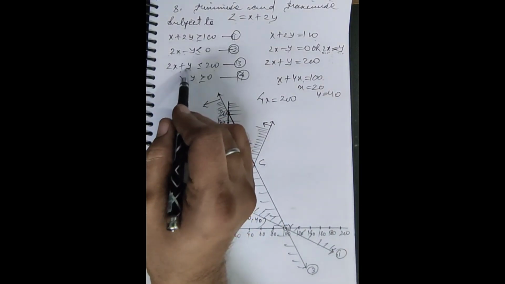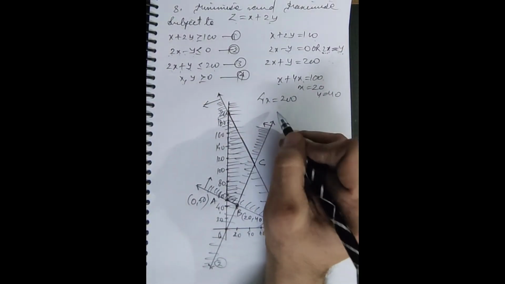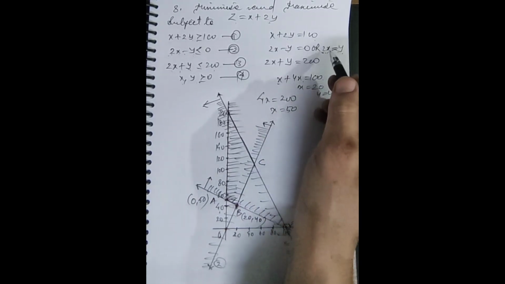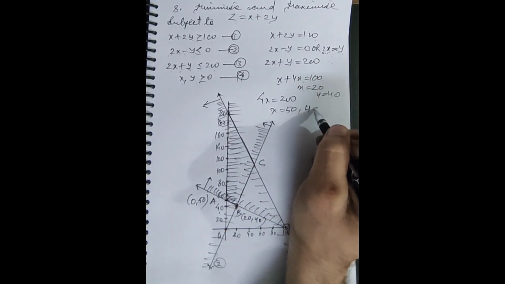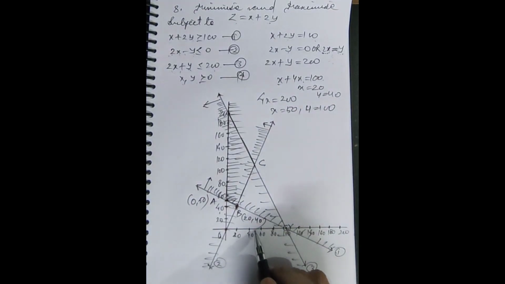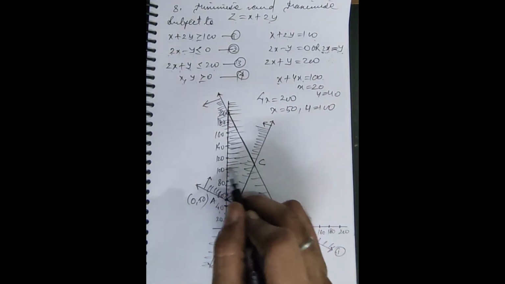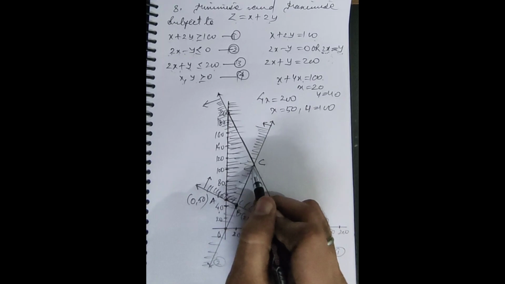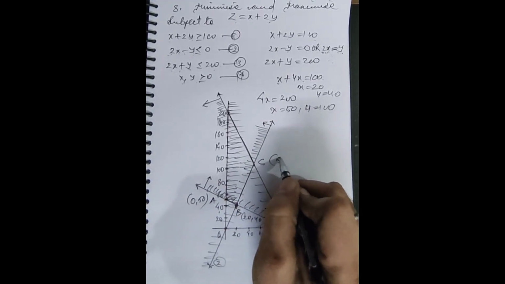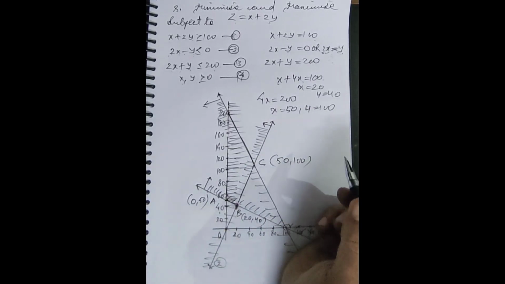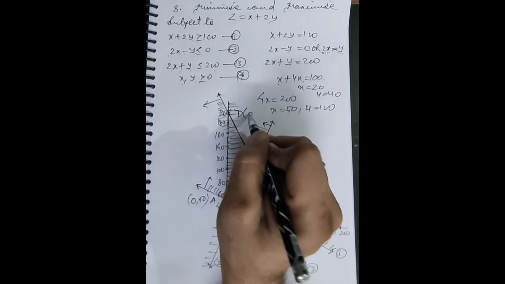So it is 2x and 2x, it's 4x, x is 50 and y is 100. So 50, 100, and the last point D is 0, 200.